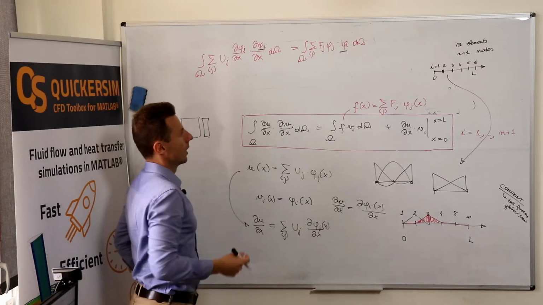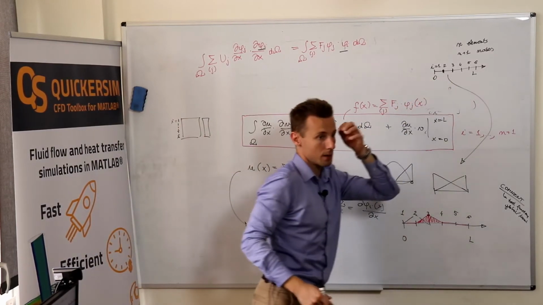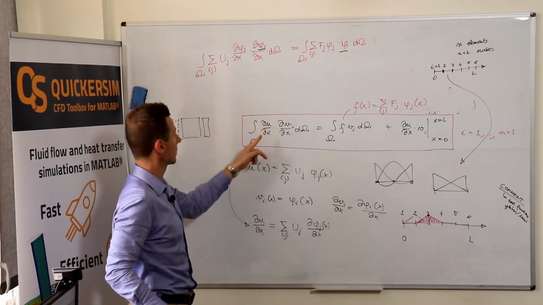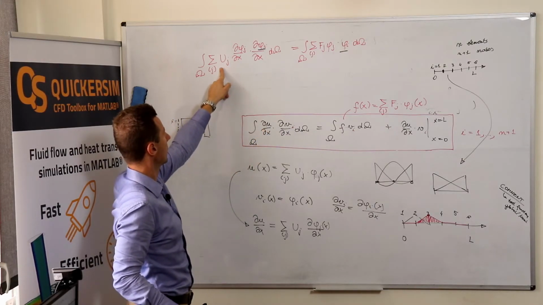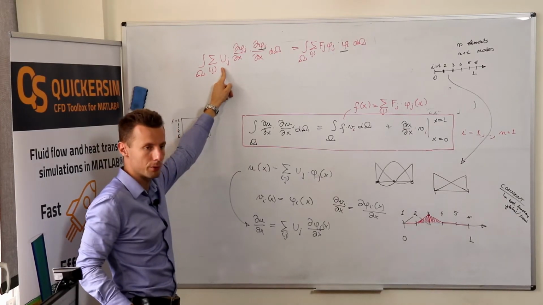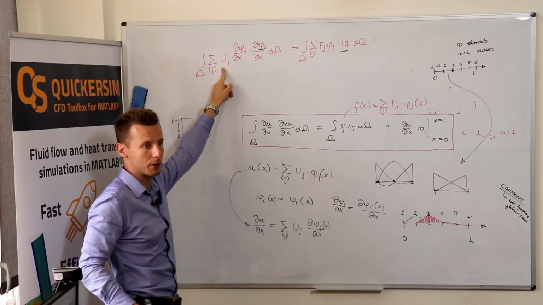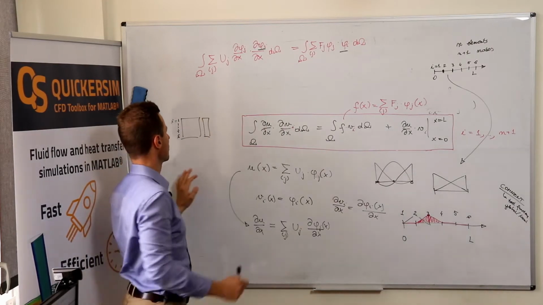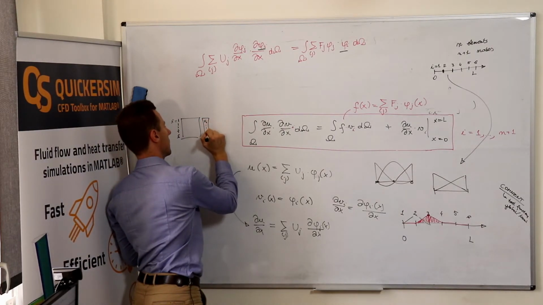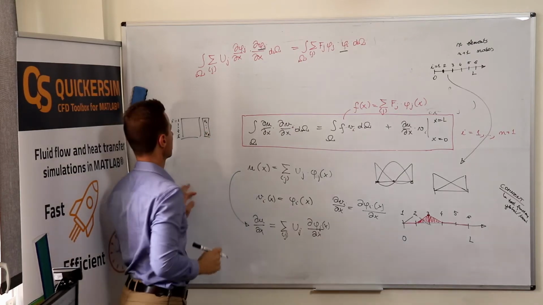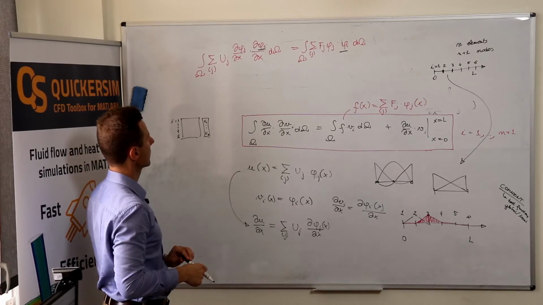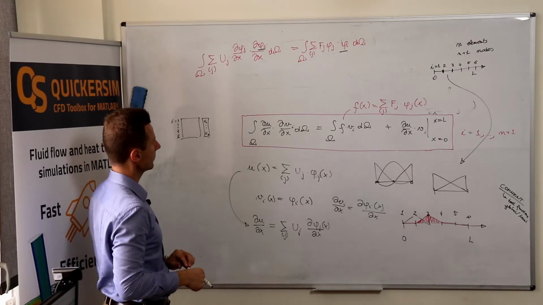Now, unknown values. Clearly, we are interested in solving for the U function. So our unknown values are the Uj values, U1 to U6, and that's fine.